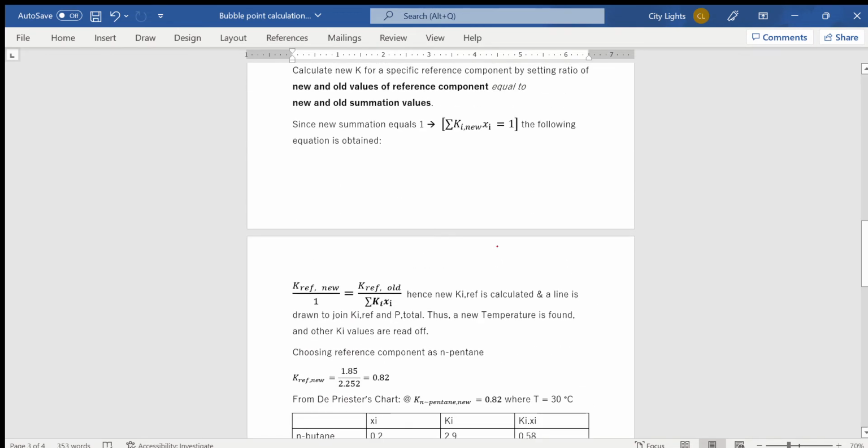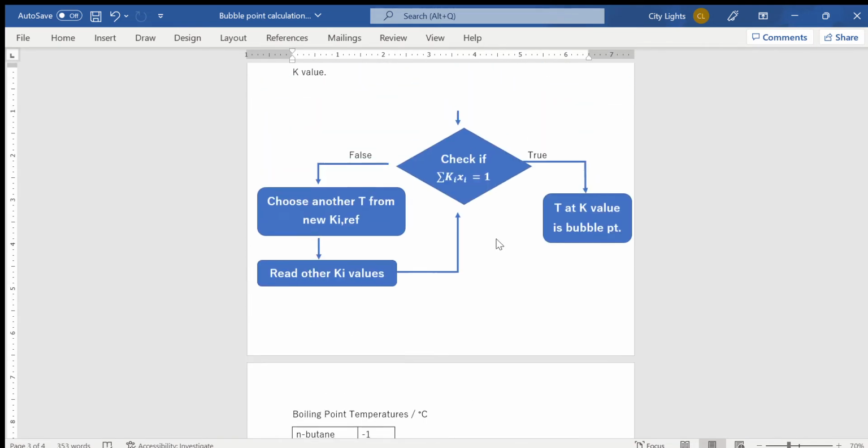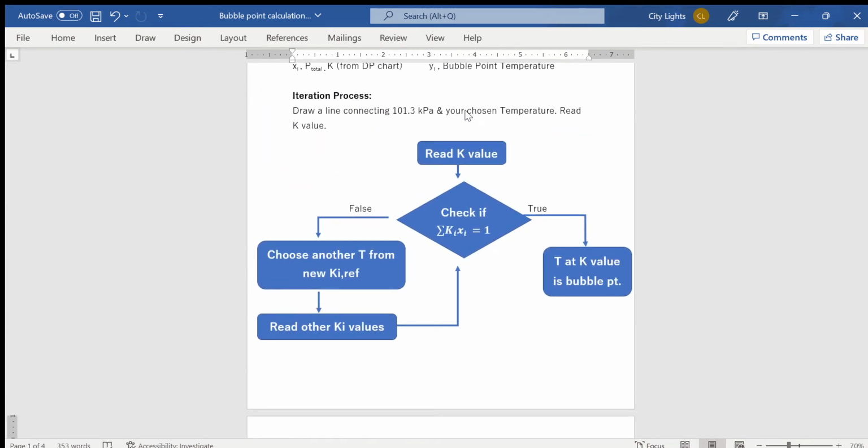Moving on, let me explain to you how we get the right iteration. First, we choose a temperature, and then we read our K values, and then we check if the summation of the product Kx is equal to 1. If it's true, this means that the K at that particular T gives us the bubble point. If it's not true, then we choose a new K value or a new temperature, either one of them, and join a line.